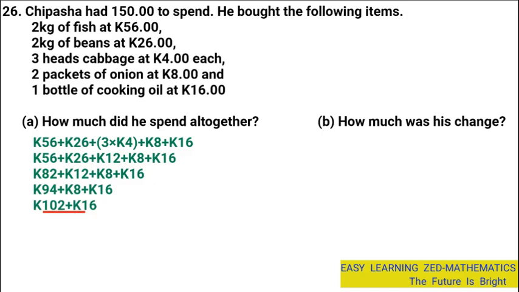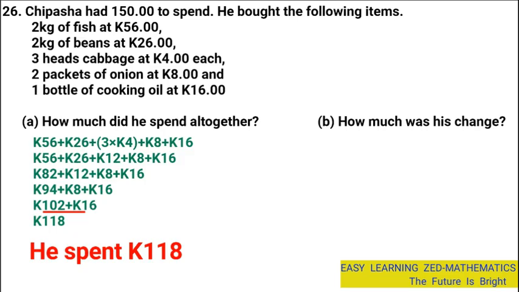So the question is, how much did he spend altogether? So we are saying he spent 118 kwacha. In case you are wondering about the zeros, it doesn't matter. As long as there are zeros, you can ignore them or you can put them, but the value will be the same. Now let's go to question 26b, which is how much was his change.